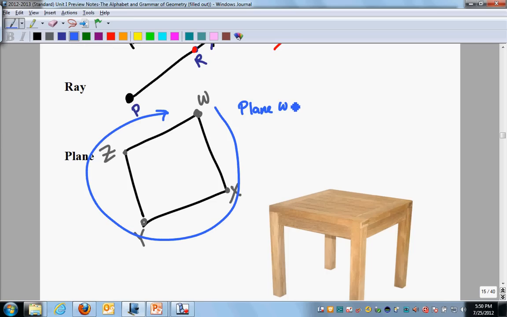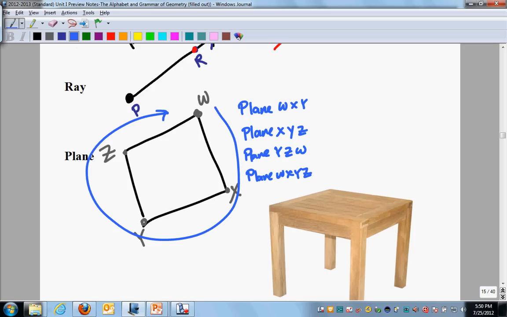I can call that plane WXY. I don't have to name Z. Just three letters is sufficient. Or I could even go plane XYZ. Or I could start at Y and call it plane YZW. Any three letters. If you're more comfortable, you can always use all four: plane WXYZ.